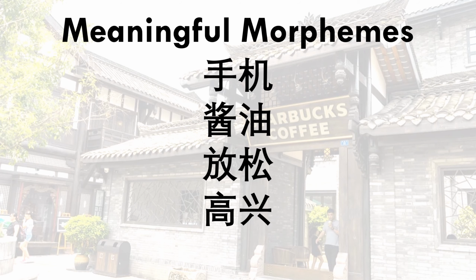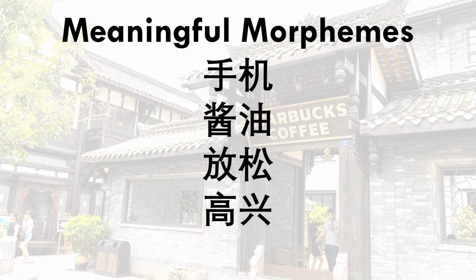So 高兴, what it really comes down to is that the 高 means high and 兴 means something like excitement or spirits. You could think of it like that. So it's high spirits or high excitement. And in that sense, both parts of the word mean something meaningful. It's not just high and it's not just excitement.